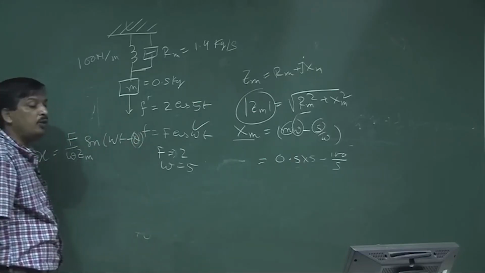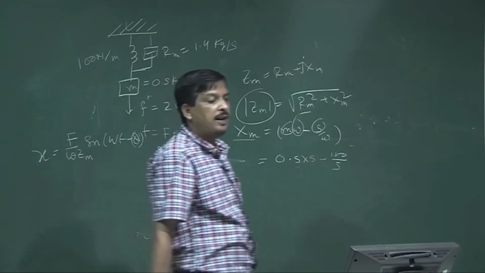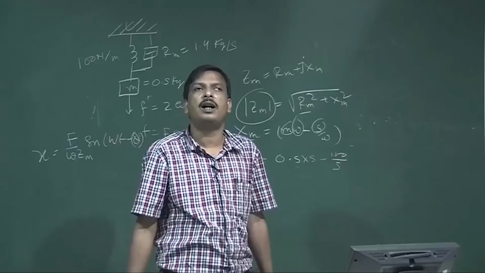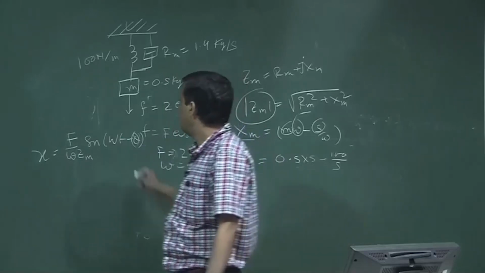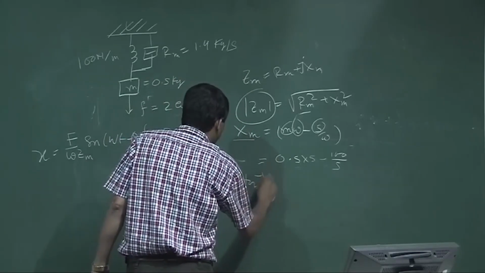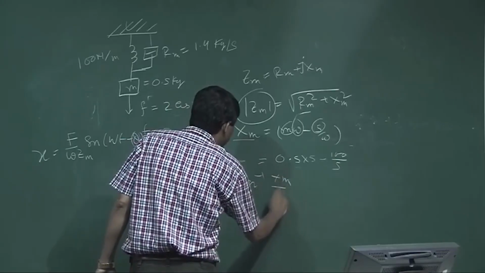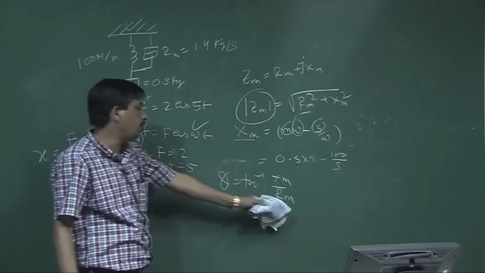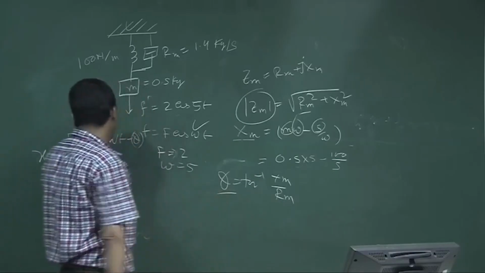Phi is the phase angle between the speed and force. Find the value of the resonant frequency and the phi. Phi is tan inverse Xm by Rm. So, you know the value of Xm, you know the value of Rm, you know the value of phi.